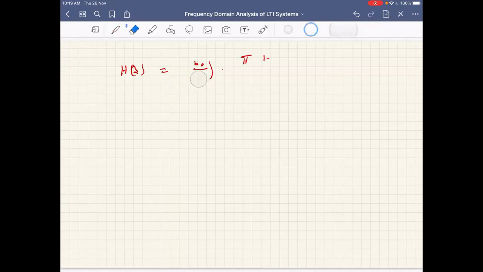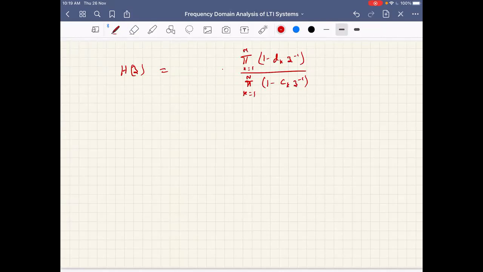Let me put it here. If we see, before, we have defined this slightly differently in terms of AK and BK.